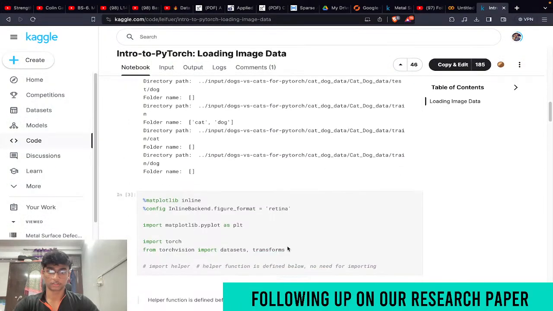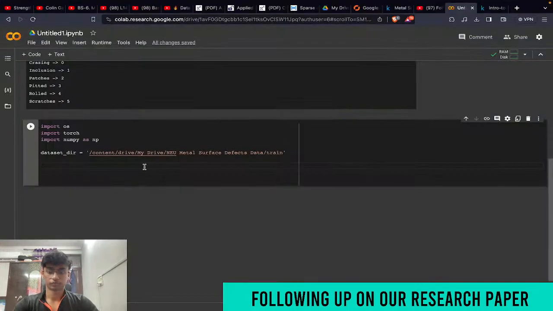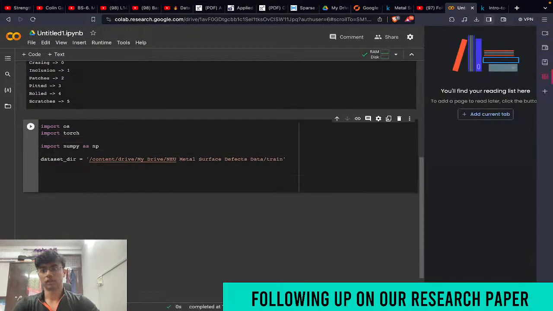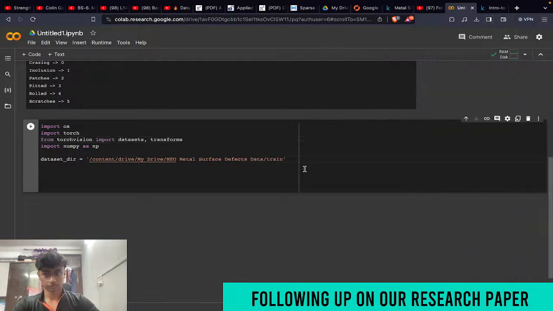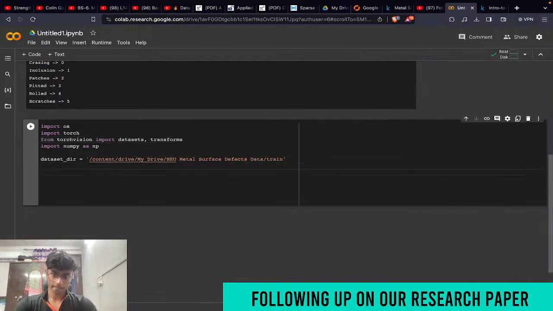What we're gonna do is import datasets and transforms. And nothing could go wrong. We'll figure this out. Let's make some transforms.